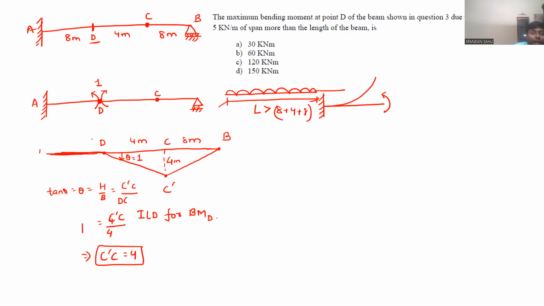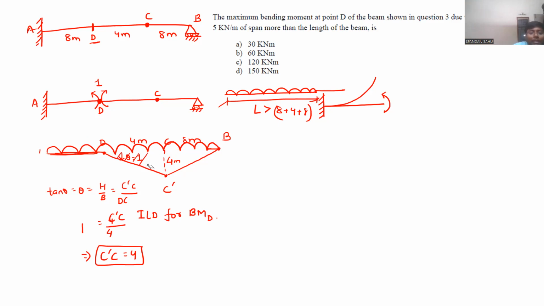So you place this load in such a fashion that this area is completely covered. If this is more than the span length, put the entire UDL over the span such that it covers the entire span, and some portion will be out of the span. Let it be, because that is not of any use for us. So we have just superimposed the load completely over the span.